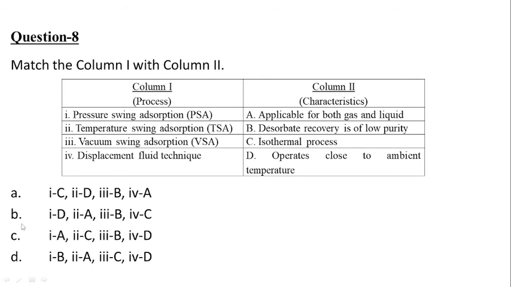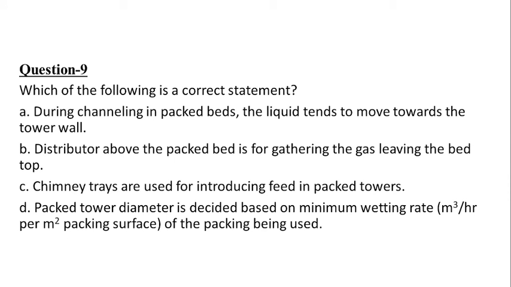So option B is correct. Pressure swing adsorption is operating at ambient temperature, and temperature swing adsorption is applicable for both gases and liquid. Vacuum swing adsorption is used where the purity required is low, and displacement fluid technique, isothermal process, is observed.